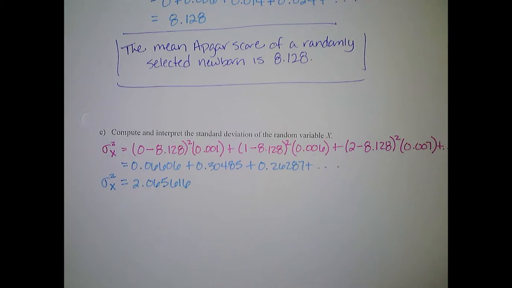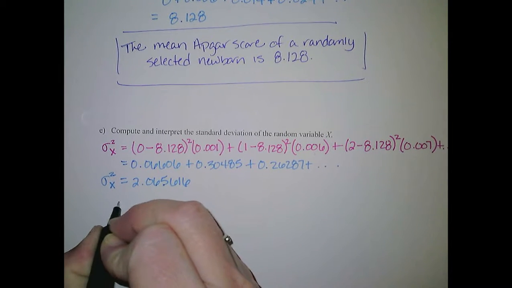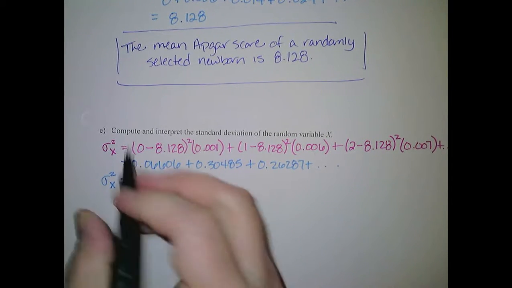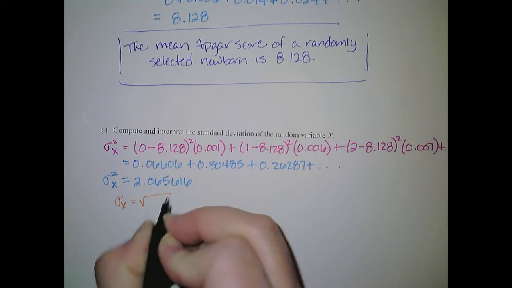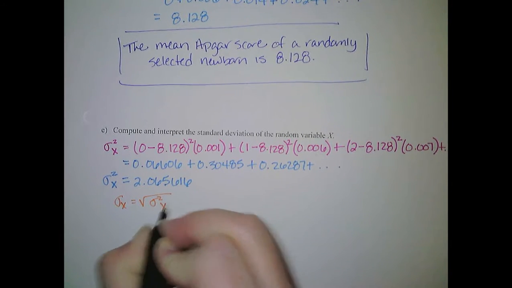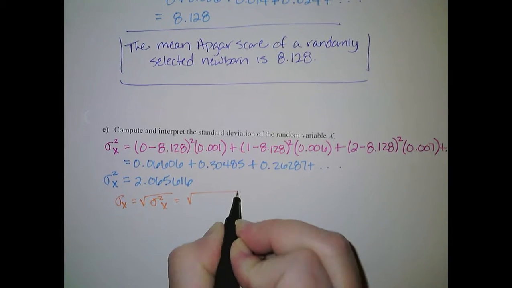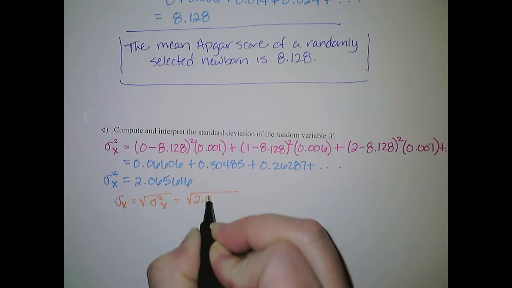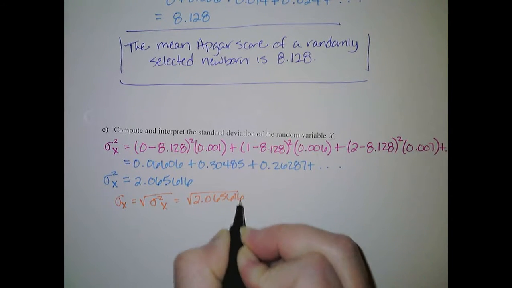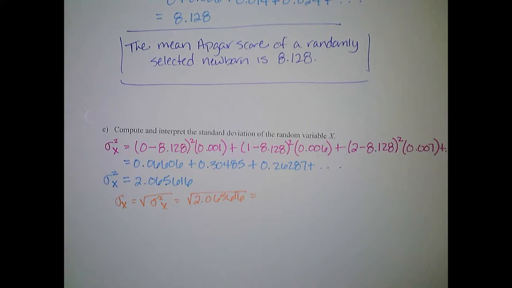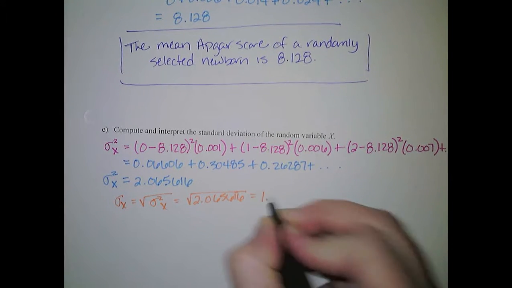And once we have that variance, we could calculate the standard deviation simply by taking the square root of that variance. So our standard deviation is going to be the square root of 2.065616, which gives us a value of 1.437.